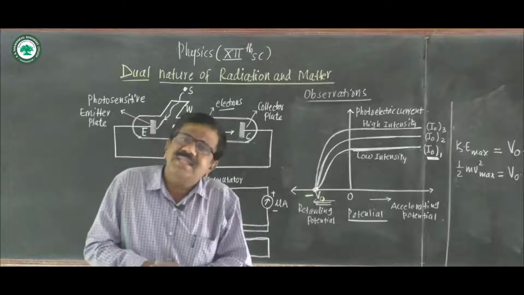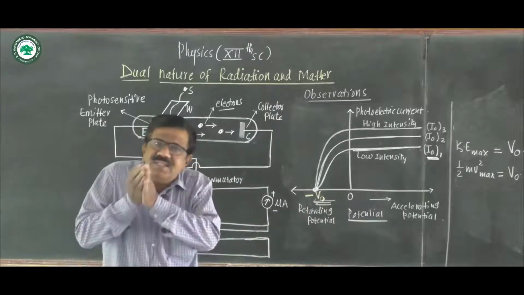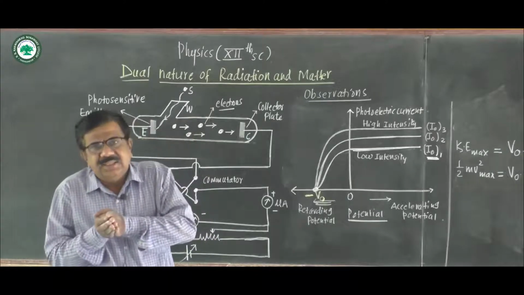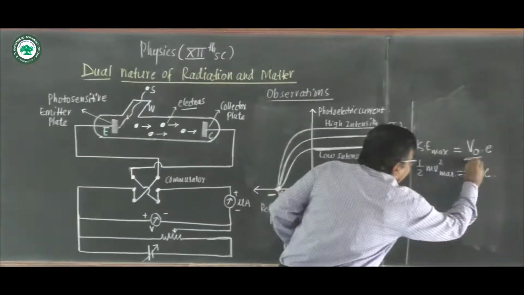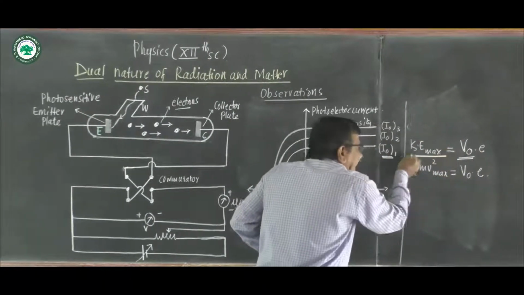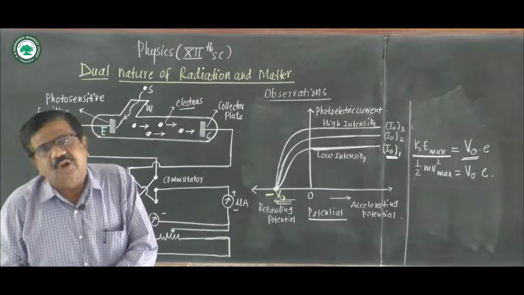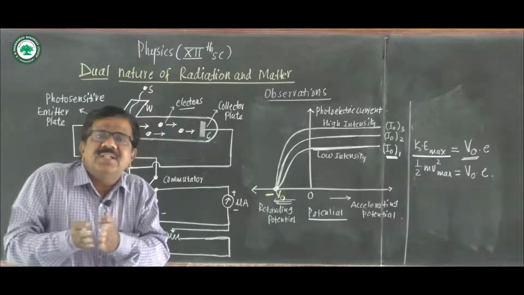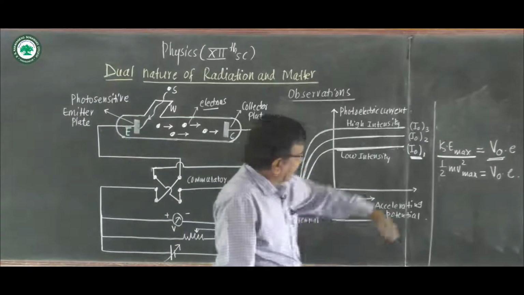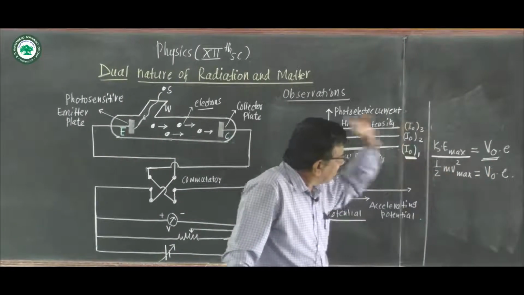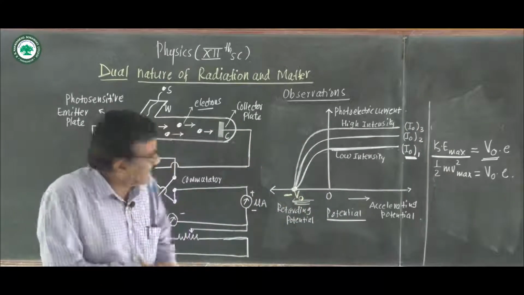Hence we say that for a given frequency of incident radiation, the stopping potential V0, and hence the maximum kinetic energy of photoelectrons, are independent of intensity.